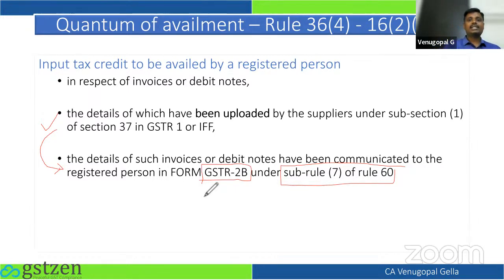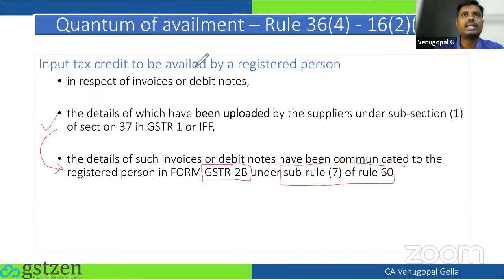It means the supplier should be filing the returns within the due date. If the supplier doesn't file the returns within the due date, GSTR1 would be visible in GSTR2A, but it will not be there in 2B. I'll come to the difference between 2A and 2B in a while, but you should be taking the credit only when it is visible in 2B.